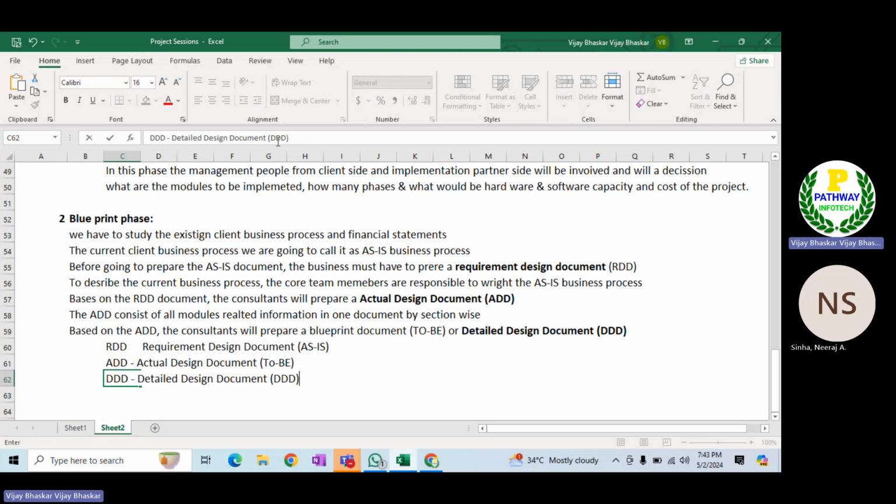It consists of detailed information of that particular process. Detailed information means, let's say, the accounts payable process. It consists of very detailed information. These document names are very, very important for the implementation.